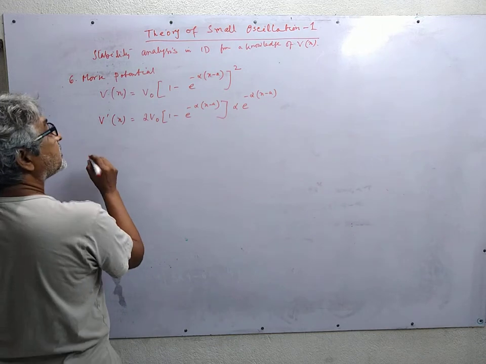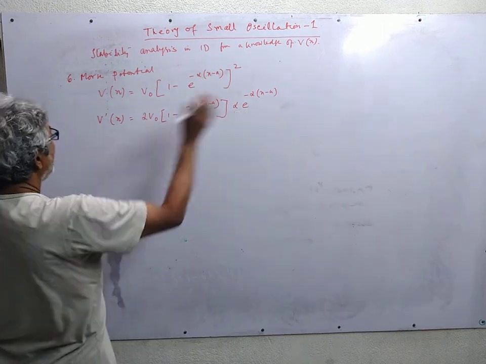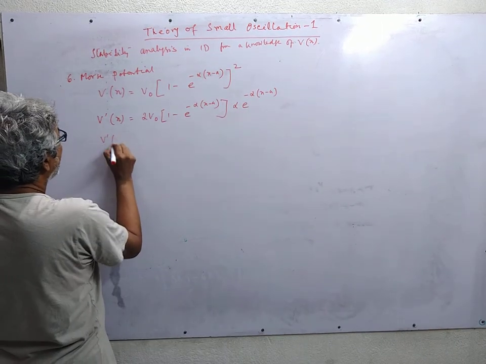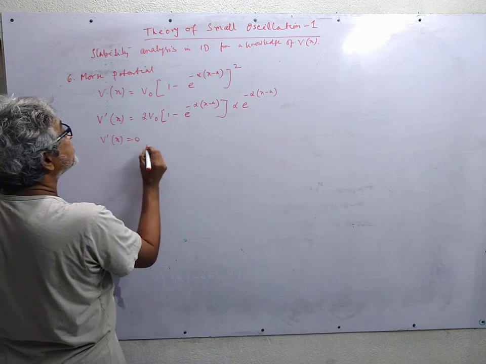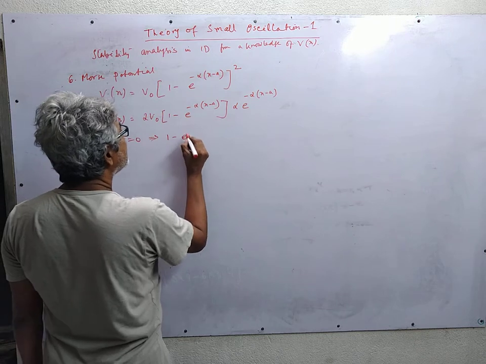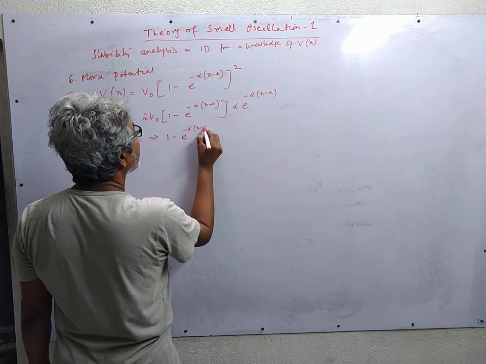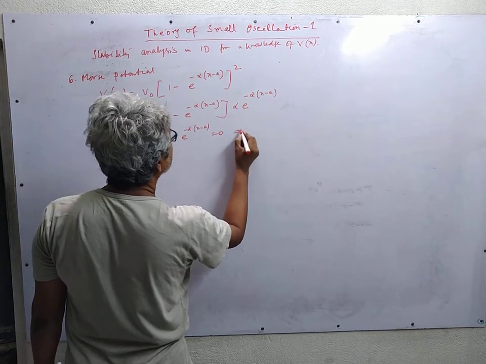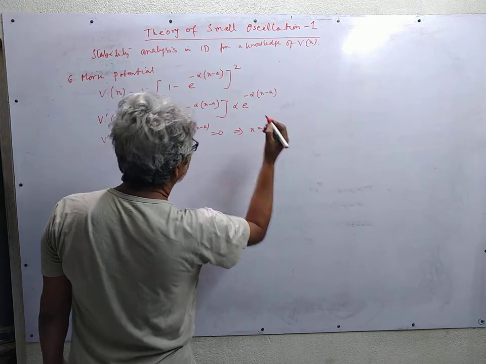So this part cannot be 0. So V prime of x is equal to 0 means 1 minus e to the power minus alpha (x minus a) is equal to 0. That means x is equal to a.